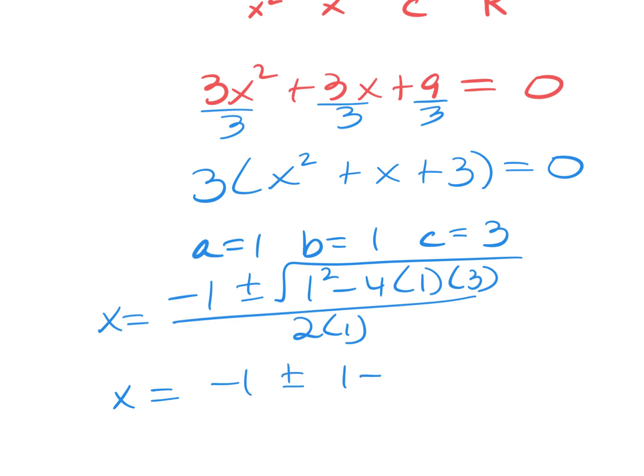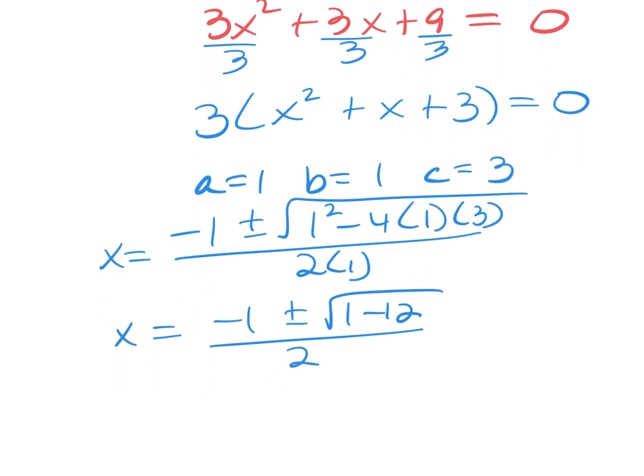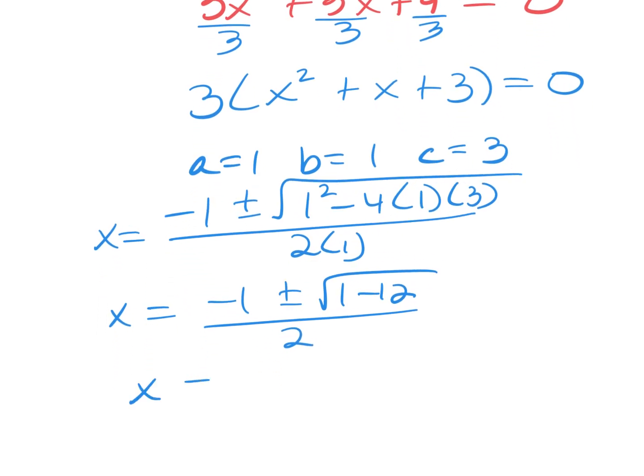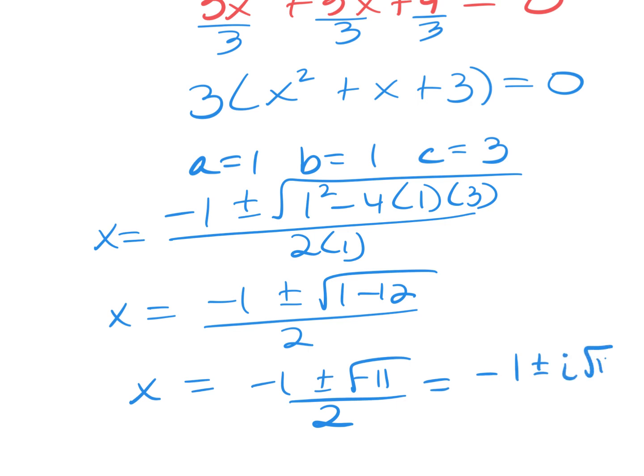I get 1 minus 12 over 2. 1 minus 12, negative 11. And then when I simplify this, it's negative 1 plus or minus i square root of 11 over 2.